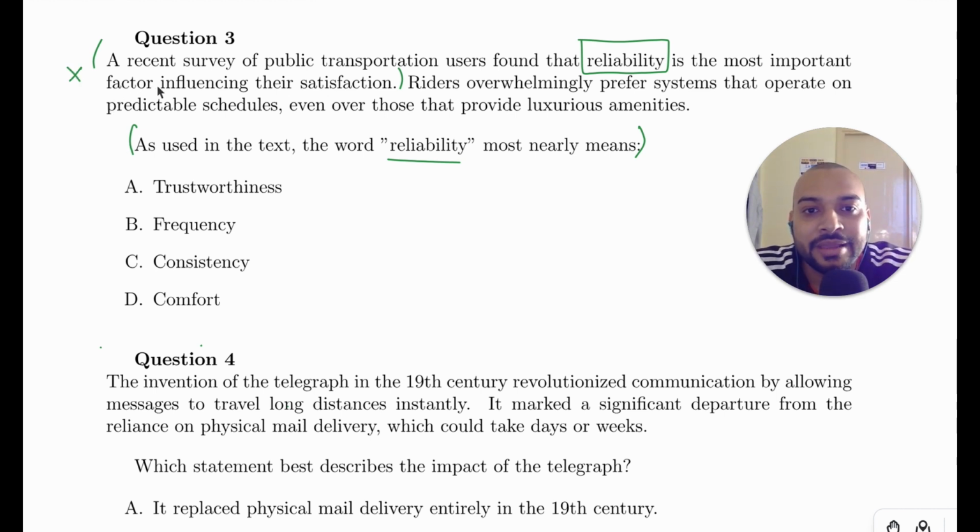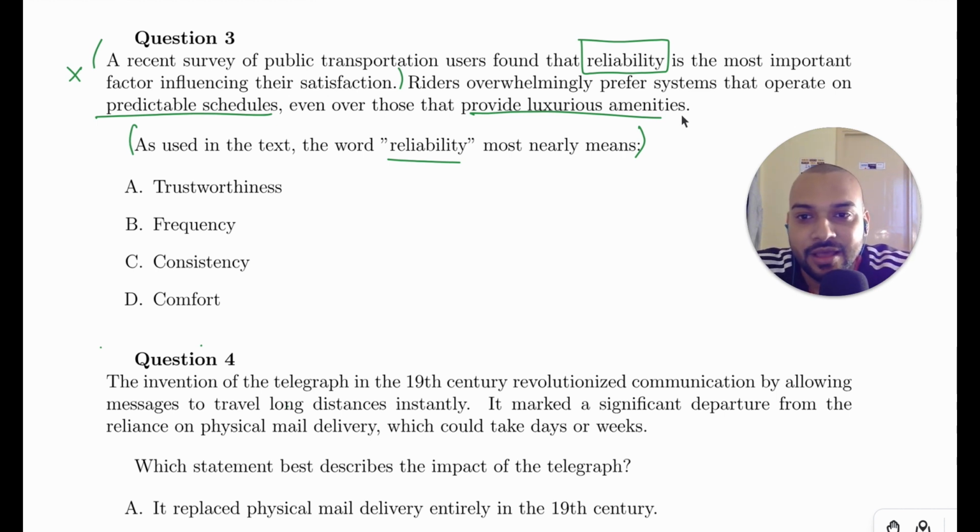Riders overwhelmingly prefer systems that operate on predictable schedules, even over those that provide luxurious amenities. So it's suggesting that they like something that's predictable in schedules over the luxurious amenities. So reliability is suggesting something that is more punctual, that is more on schedule than being luxurious.